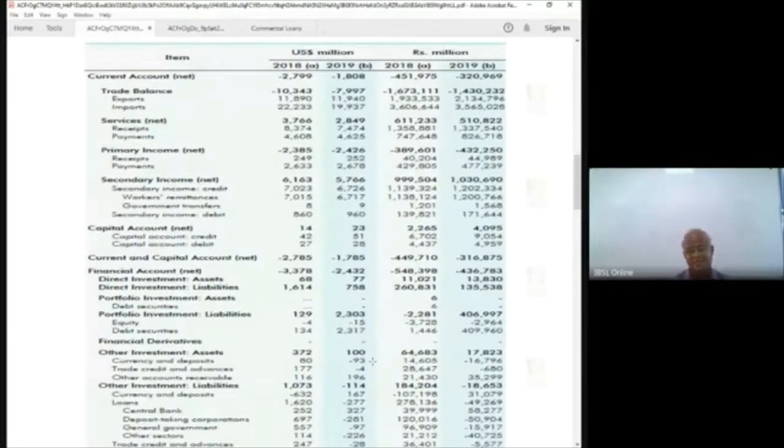It has decreased. The reason is tourist arrivals went down because of this Easter attack. After that, all the tourism sector collapsed. Your earnings decrease, right?